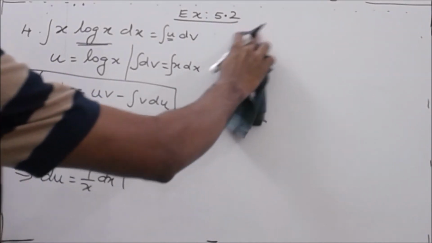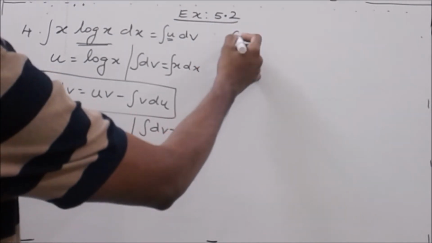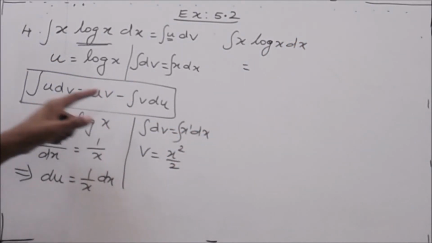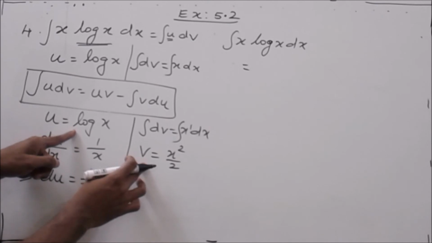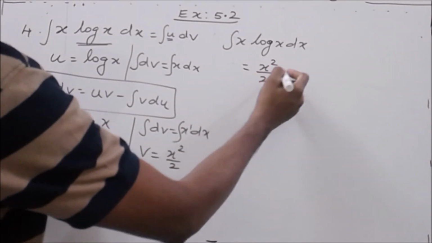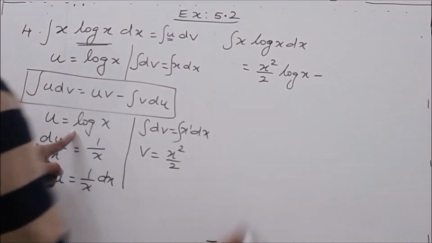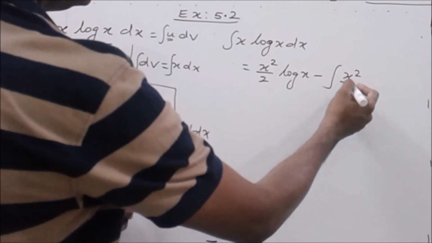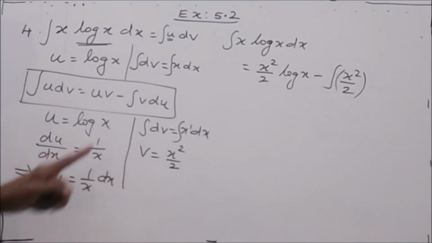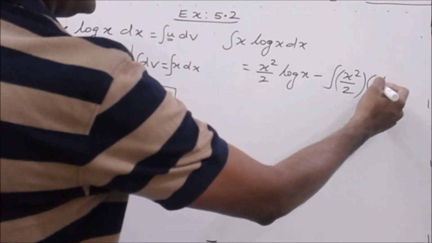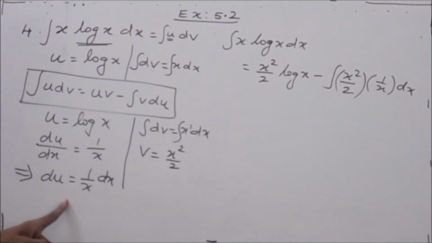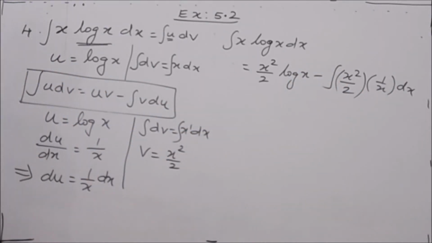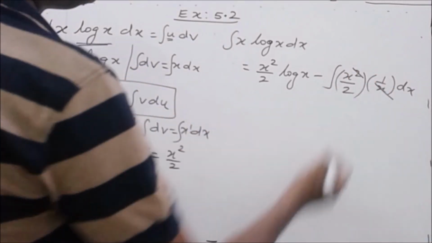Integral x log x dx is equal to uv, multiply u and v: x square by 2 into log x, minus integral v into du. V means x square by 2, and du means 1 by x dx. The product v into du means x square by 2 into 1 by x dx. We can simplify the x and x square.